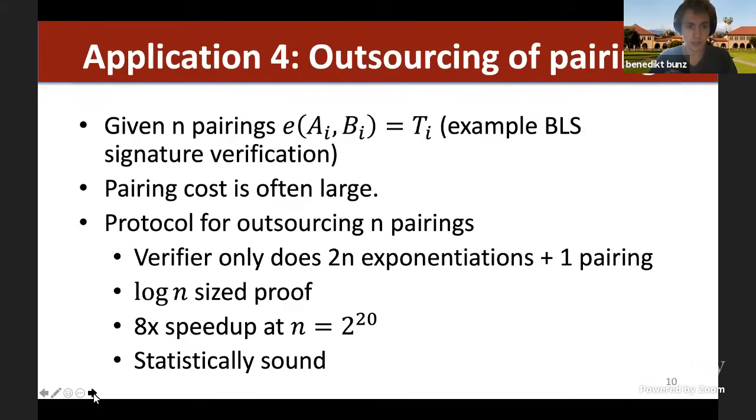It's really a multi-exponentiation of size 2n. And you can outsource this using a log n size proof. Concretely, this gives you about an 8x speedup at n equals 2 to the 20. And one nice property is that at least the interactive version of this protocol is actually a statistically sound proof.